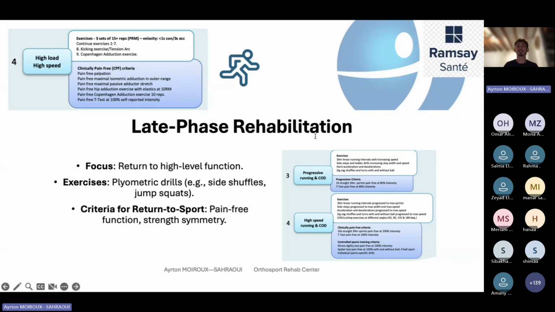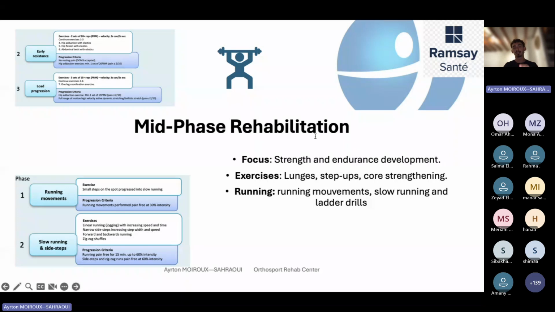No, we can discuss. But for me, criteria for return to sports are pain-free, of course. Pain must be ended in the early phase of the rehab. You need to have full function and strength symmetry. That's what we are working on the mid phase. Okay.